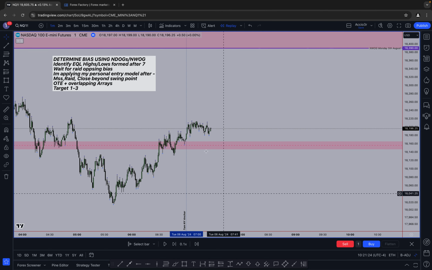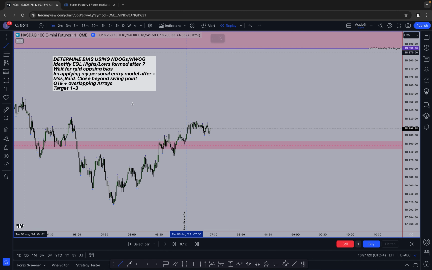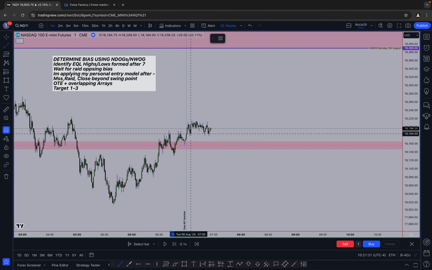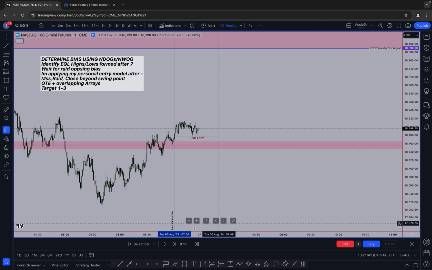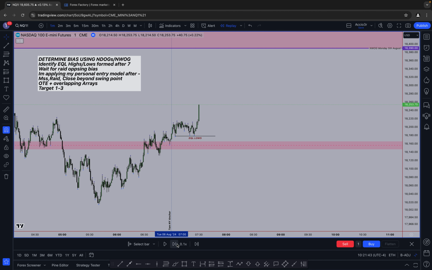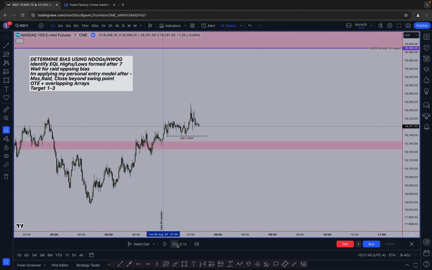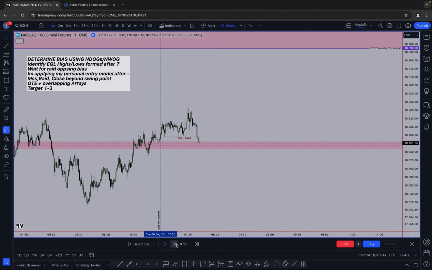Let's see where we form equal lows. So I can see we've already got equal lows here. Okay, we've pierced through them.